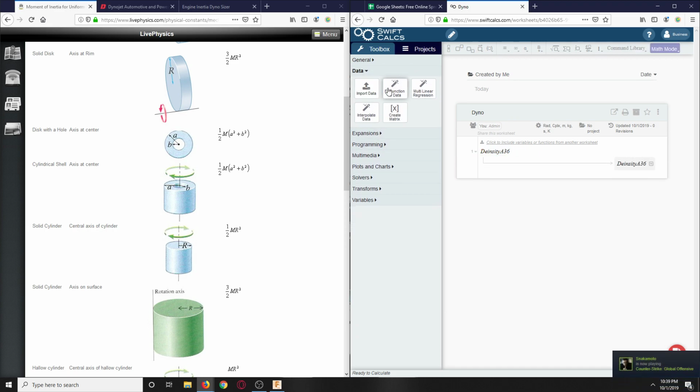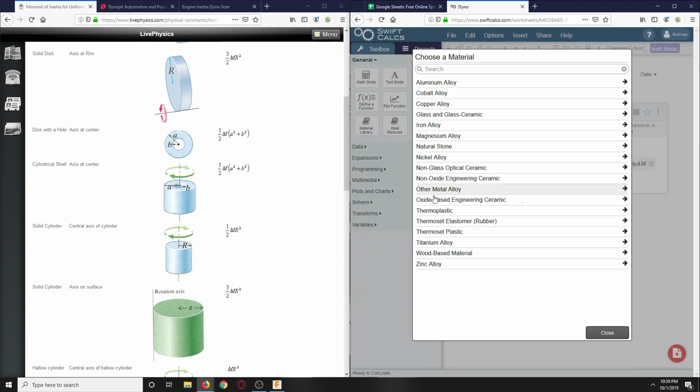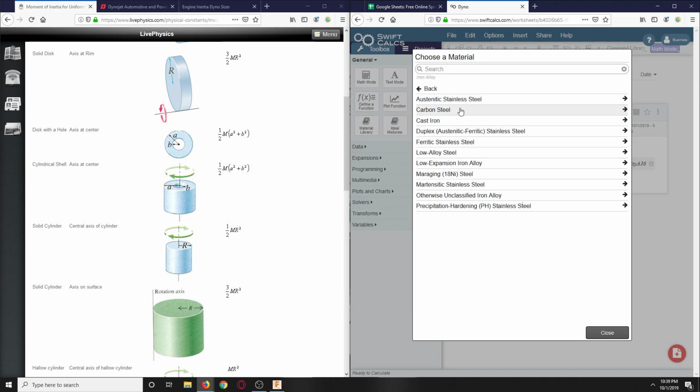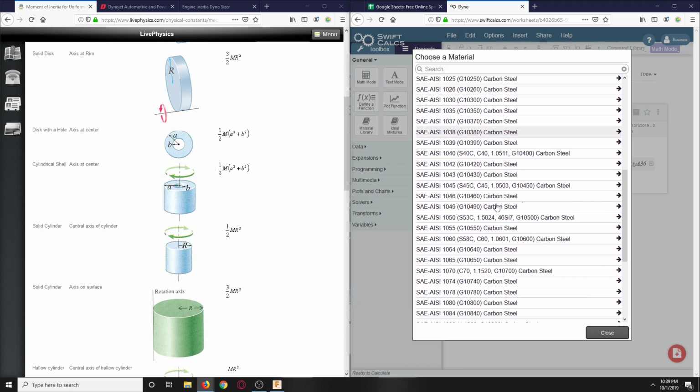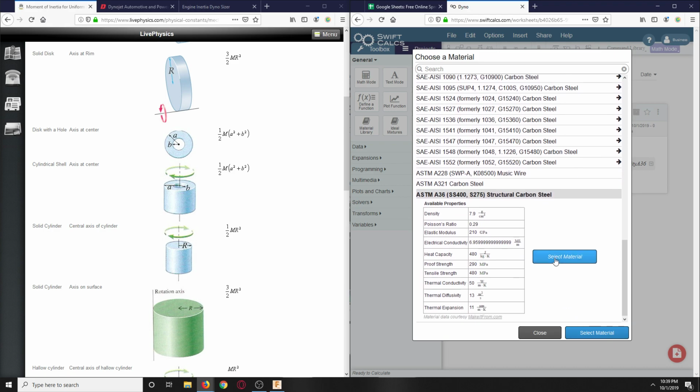Data, Material library, Steel. Technically it's an iron alloy, carbon steel, A36. Select material.